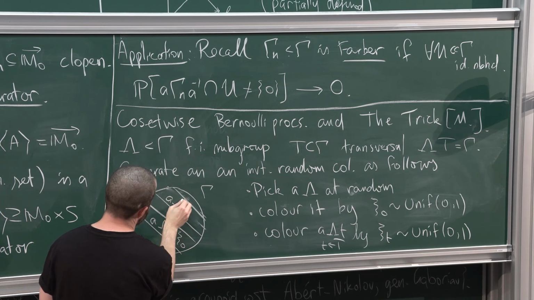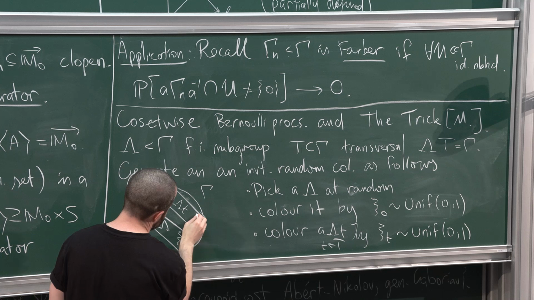So this is some lambda t. I mean, there's only finitely many of these, right?